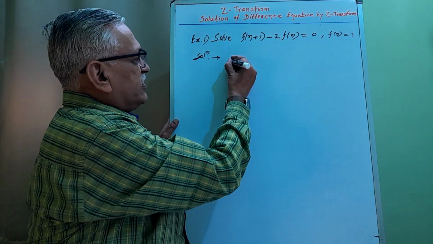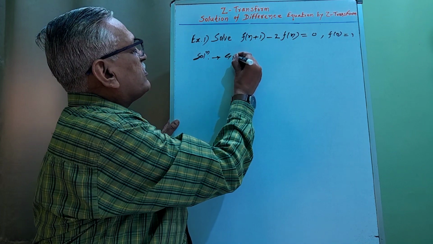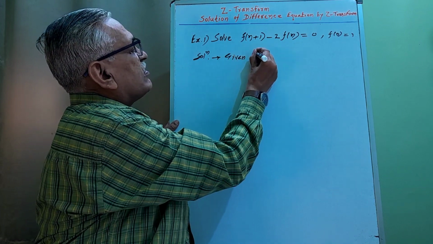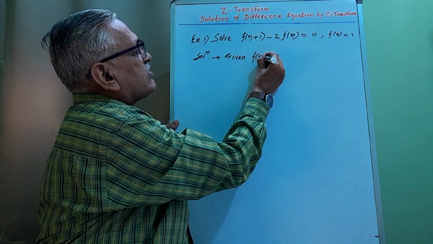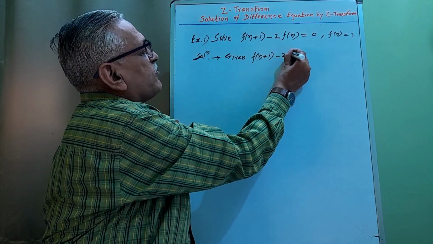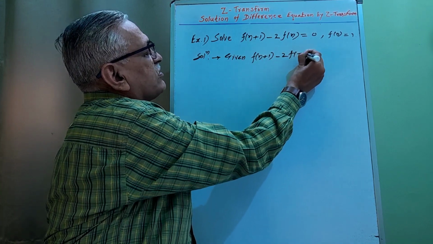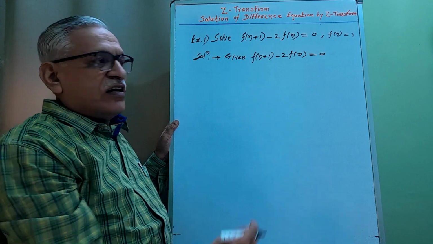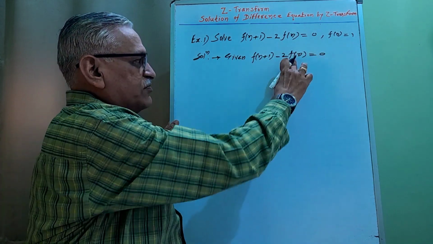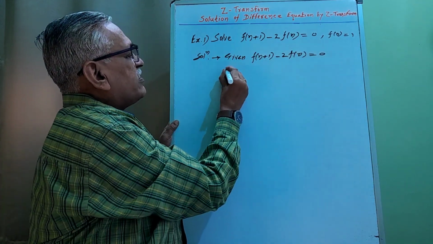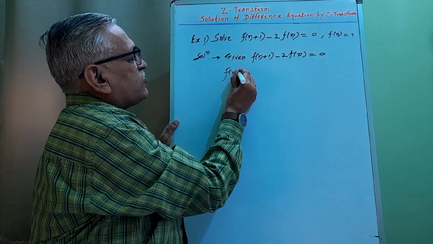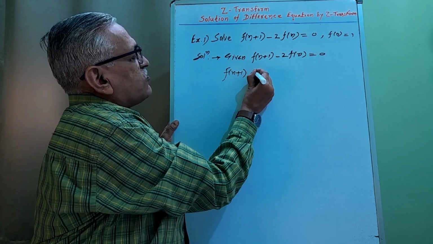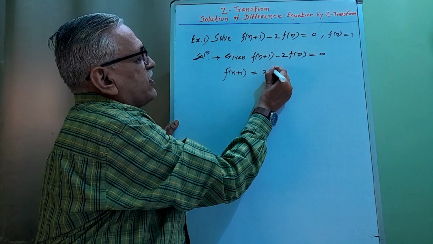Here the given difference equation is f of n plus 1 minus 2 times f of n is equal to 0. Transferring this term to the right hand side, we get f of n plus 1 is equal to 2 times f of n.